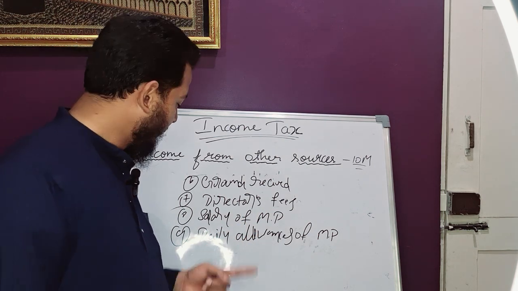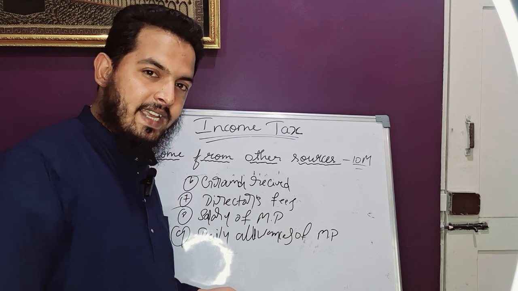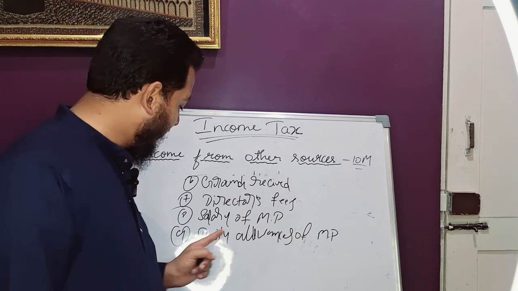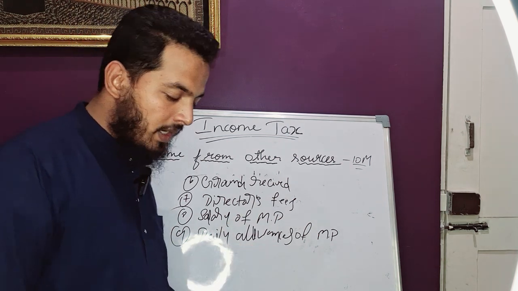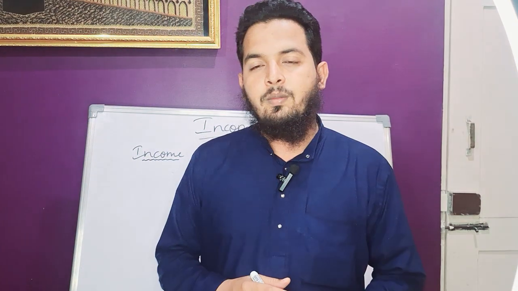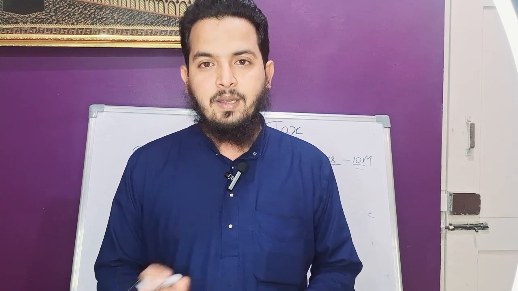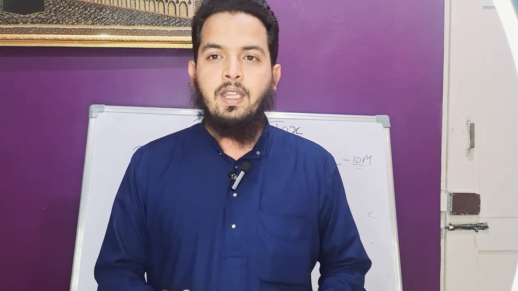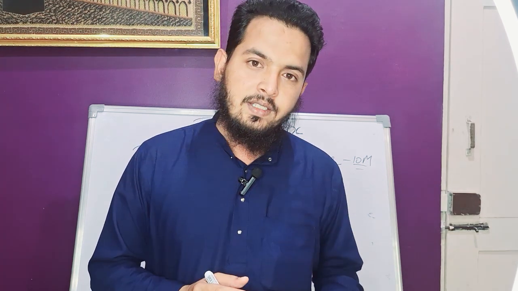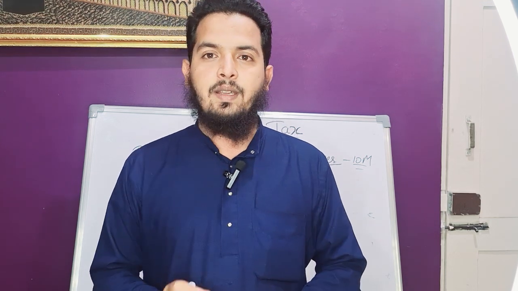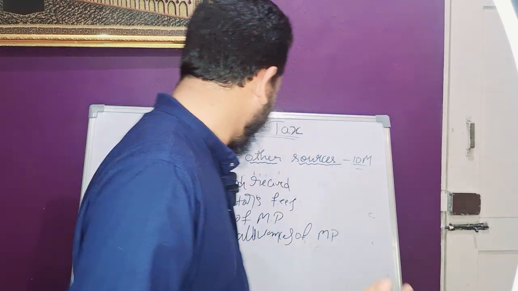Member of Parliament. If they are having any salary, then it is taxable. Daily allowances of MP: if the government is giving some allowances to the MP, then it is exempted under section 10. Salary is taxable, daily allowances is exempted. Most important point.